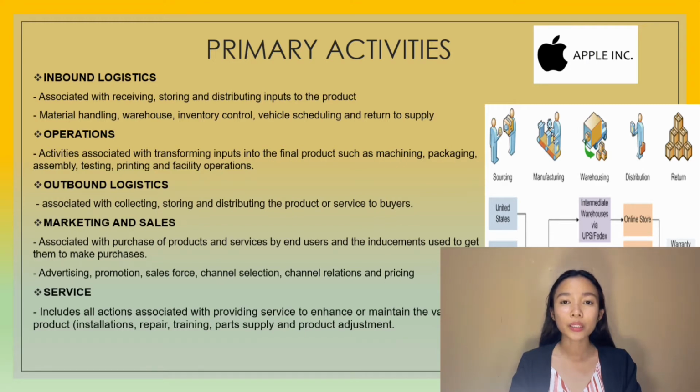Specifically, outsourcing makes the company brand image vulnerable to labor issues at supplier facilities, which has been the case of Apple a number of times already. Next is outbound logistics. These are associated with collecting, storing, and distributing the product or services to the buyers.